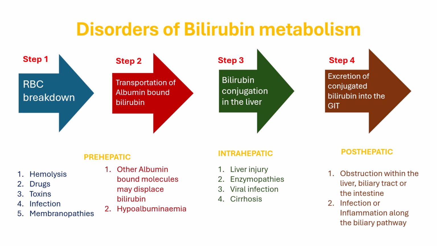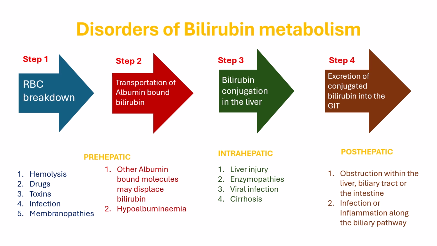We are going to be looking at what could go wrong in each of the steps and how the abnormalities can be identified on the laboratory results of a liver function test. Generally, disorders of bilirubin metabolism manifest as hyperbilirubinemia, which could be prehepatic if it occurs at step 1 and step 2, intrahepatic if it occurs at step 3, and posthepatic if it occurs at step 4.